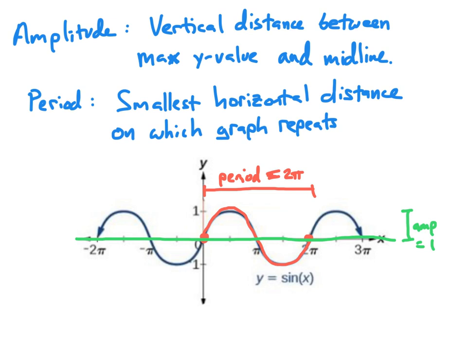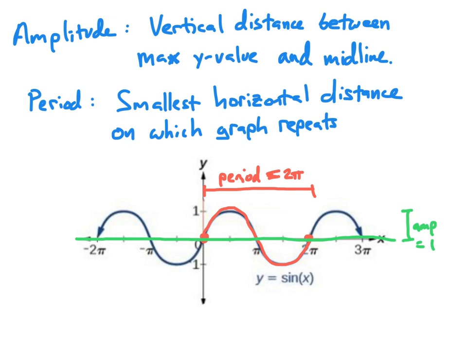Both of these numbers are also true for the cosine graph. We will not show it, but we do know already that the cosine graph has a period of 2 pi. If we take the part between x equals 0 and x equals 2 pi, it will repeat to produce the entire graph.